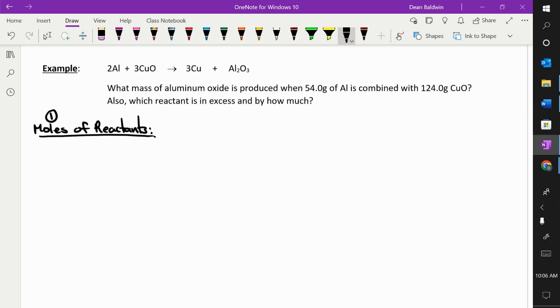So you literally just go, okay, I got 54 grams of aluminum. One mole of aluminum is 27 grams, not 127. Which means I have 2 moles of aluminum.